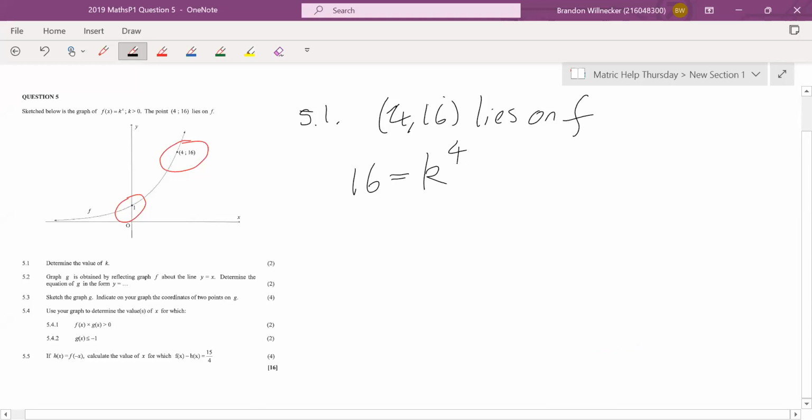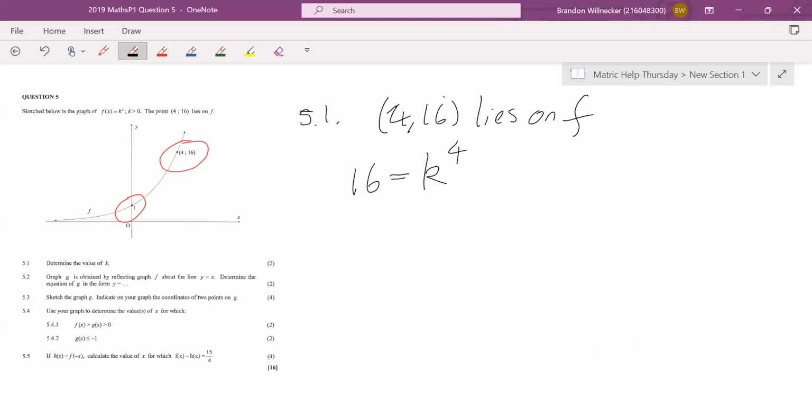Okay, so how do we go about solving for k? Well, remember what I said before. Whenever we're dealing with exponentials, we want to have the same base. Now, on the right-hand side, we have a base of k. On the left-hand side, we have a base of 16. That's not going to work.